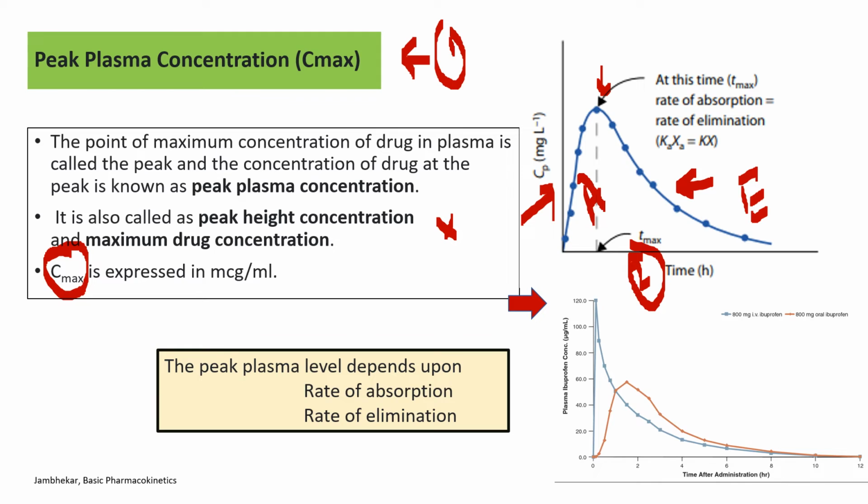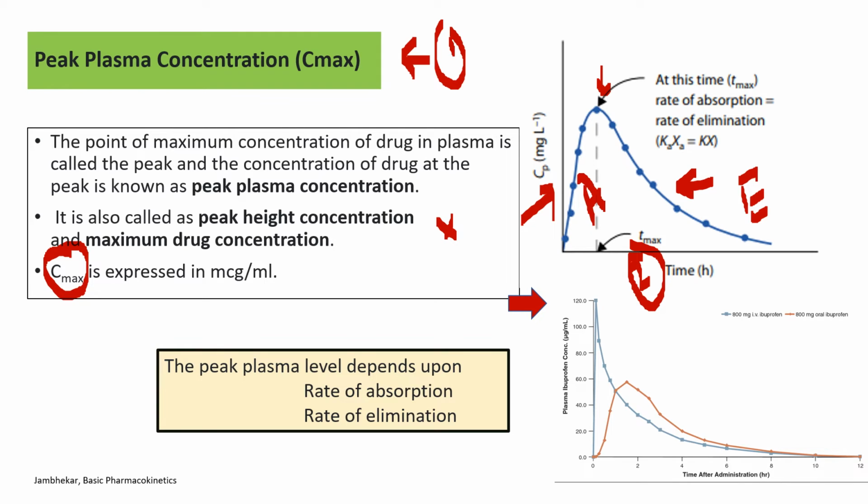The time at which the concentration of the drug in the body is highest, that is the Cmax, is known as Tmax. So you have to remember that this is the time point when the concentration increases in the body to the highest level. The peak plasma concentration depends on the rate of absorption as well as the rate of elimination.